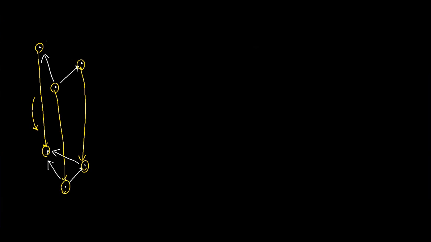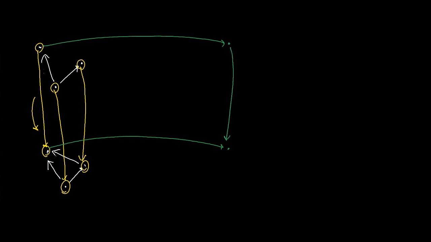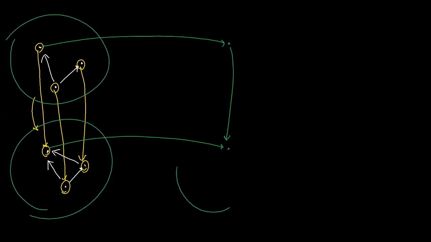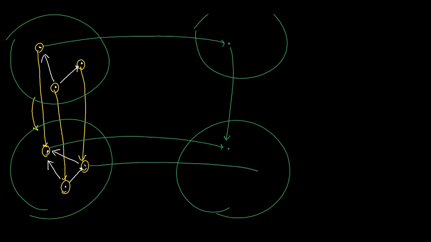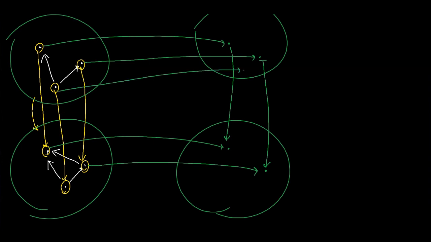If these elements at the top are elements in the pullback, then there must be a counterpart on the other side, right? So this must be mapping somewhere where that one maps there, so that is brought back down here in order for that to be in the pullback. So this is going to be the pullback, this is going to be the left hand side. And the same applies to all of these. So this will map somewhere, and that will have to come from some picture like this, and the same there.